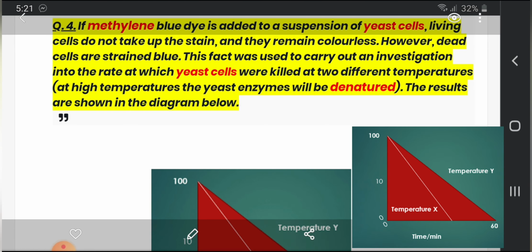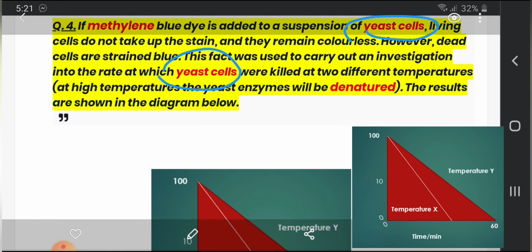Question number 4. If methylene blue dye is added to a suspension of yeast cells, living cells do not take up the stain and they remain colorless. However, dead cells are stained blue. This fact was used to carry out an investigation into the rate at which yeast cells were killed at two different temperatures.